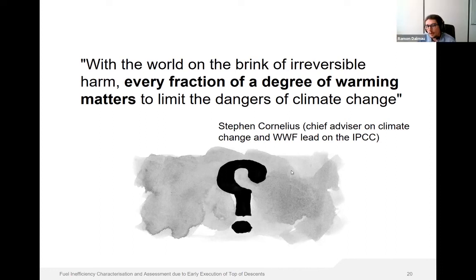Yeah, it's true that in this paper, we assessed the effect. So we showed that there are some early descents and what the effect on fuel consumption of these early descents is. But we didn't answer the question of why.